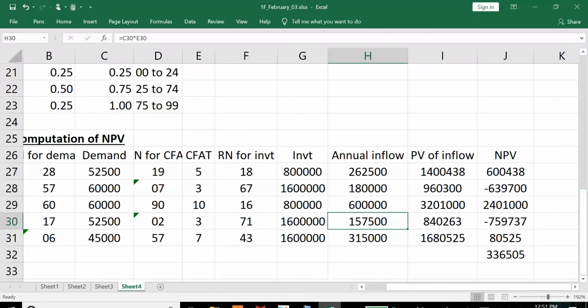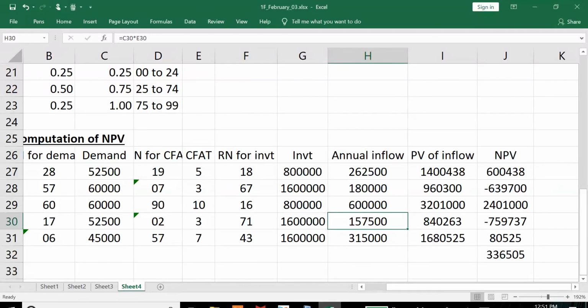Least likely cash flow equals 157,500. Corresponding investment value equals 16 lakhs.